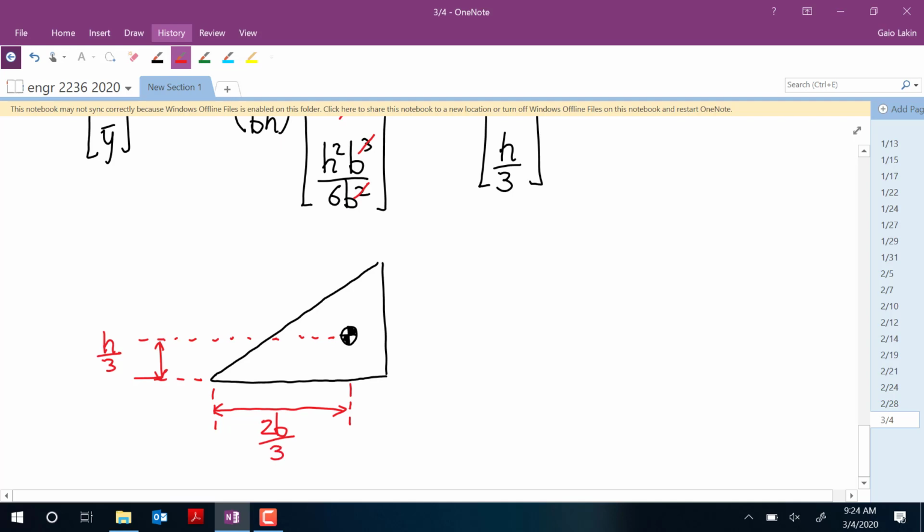But since the whole thing is b, that means that this distance is b over 3. Okay, and so the formula that I gave you last time is that the height from the flat side to the centroid is h over 3, and the distance from the flat side to the centroid is b over 3. You just proved the formula.